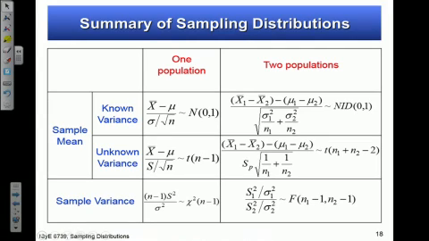You know what? That's a good question. The difference between variances, okay, could be a negative number. A negative number for the F distribution, for example, is not there. It doesn't mean that you cannot do that, but if you want to, you can do it with the log: log of sigma 1 minus log of sigma 2.